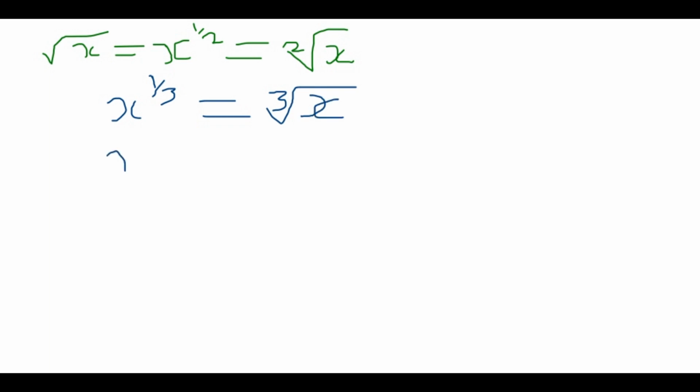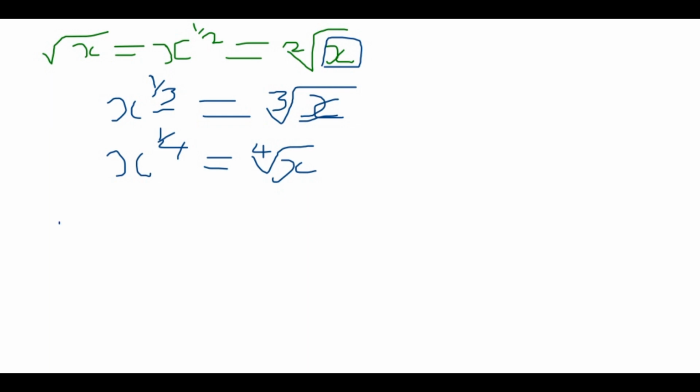And if we have x to the power of 1 over 4, this is equal to the fourth root of x. Now what this means is that the square root of x is simply a number that will multiply itself twice to give you x. So the third root of x is a number that will multiply itself 3 times to give you x, and the fourth root is a number that will multiply itself 4 times to give you a given number.